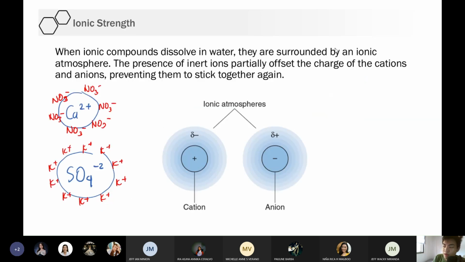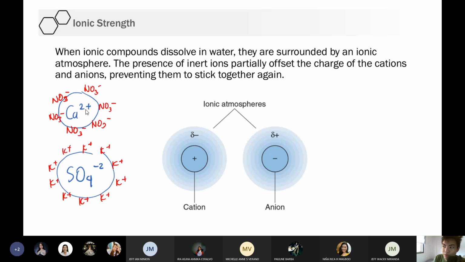Again, the more inert ions you add in your solution, the more diverse ions will flood your ionic atmosphere. And since you have more diverse ions in your ionic atmosphere, there are fewer chances for your precipitate to reform.